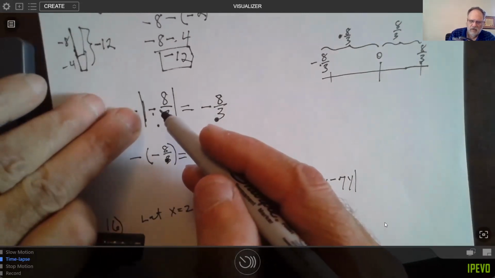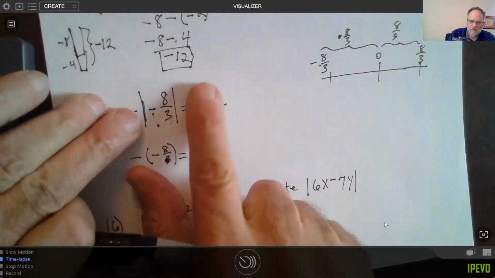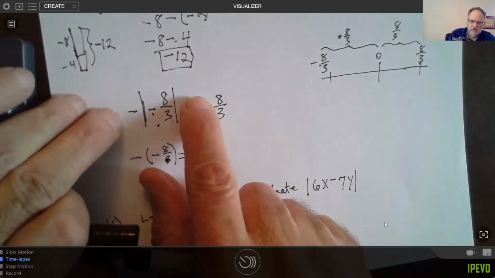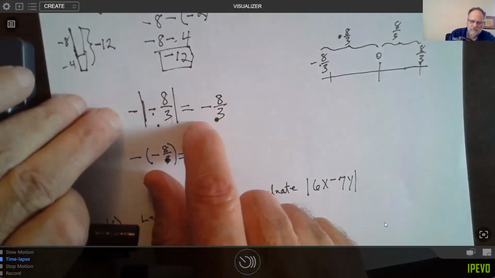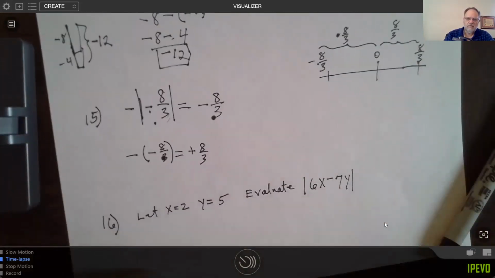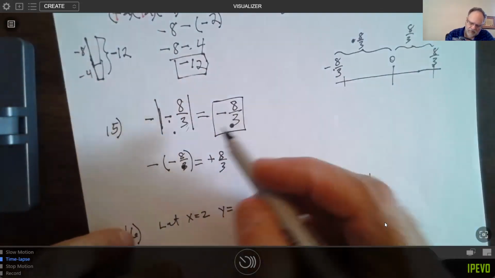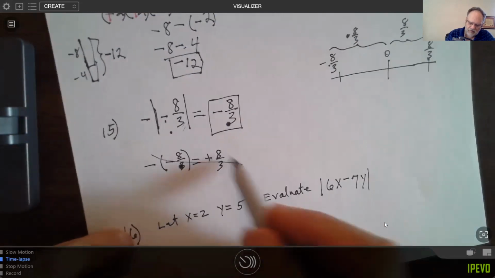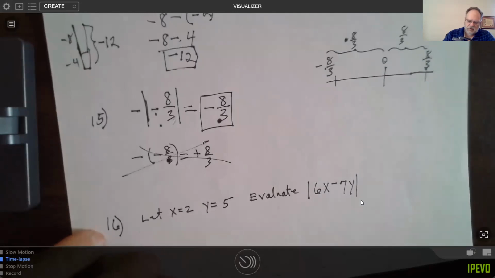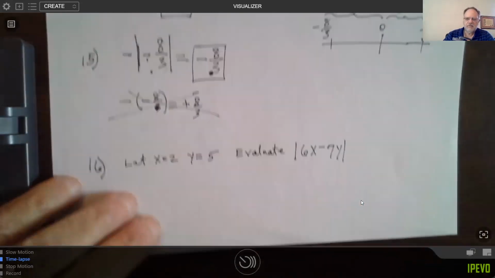So again, you look at inside the absolute value, make that a positive, right? And then you have that outside sign, so you've got to change it to the opposite of that, which would be a negative 8/3. Okay, so your answer is a negative 8/3. This is parentheses, so we don't even need to mess with that. I just wanted to show you the difference between absolute value and parentheses.